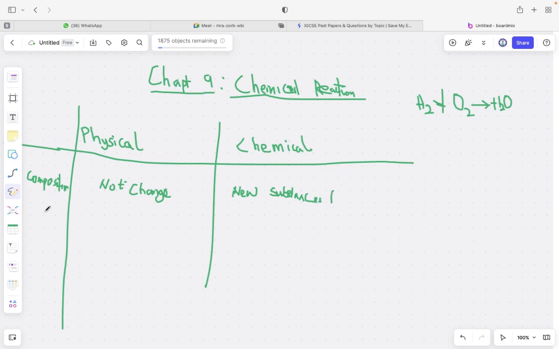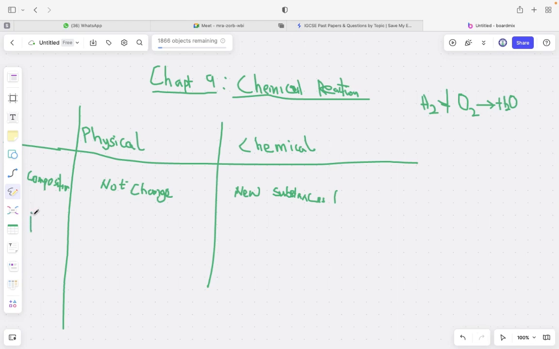Then let's take a look at their difference in terms of properties. What are the properties in physical change, and what are the properties of a substance when a chemical change happens to it? In terms of property, first of all, physical properties such as size, color, and state may change, but chemical properties are not changed.